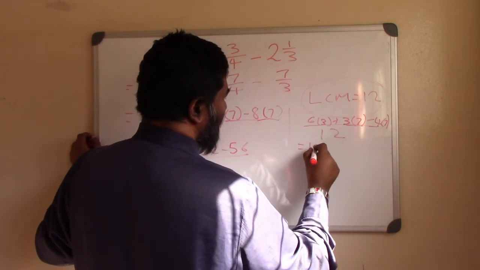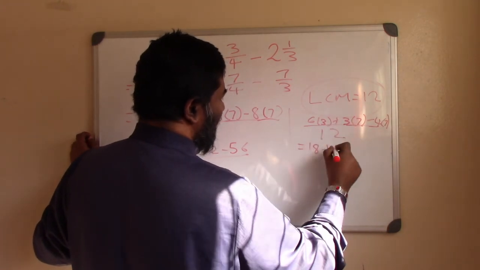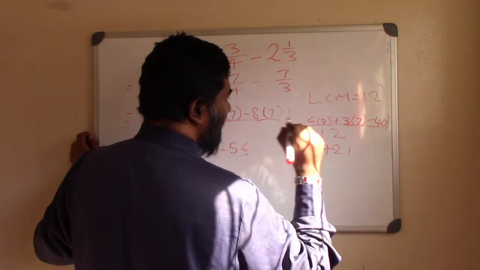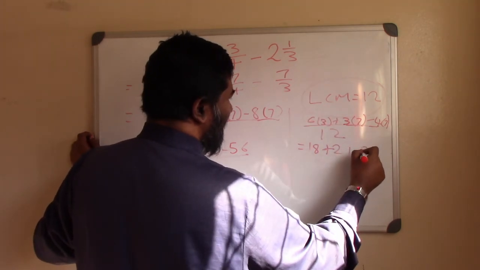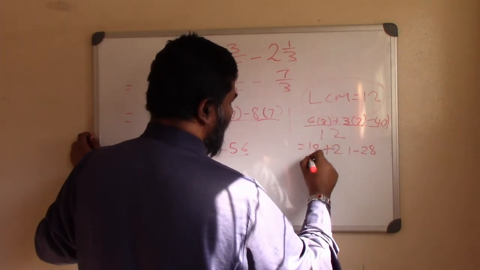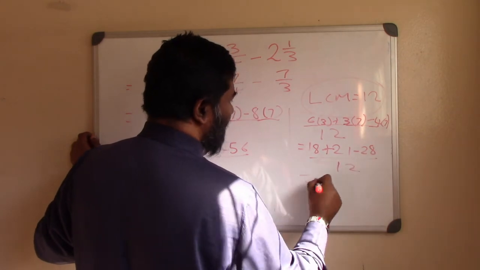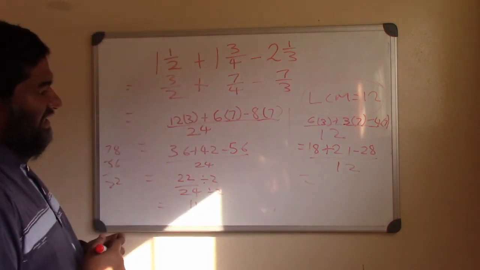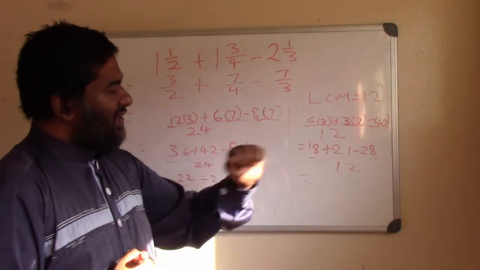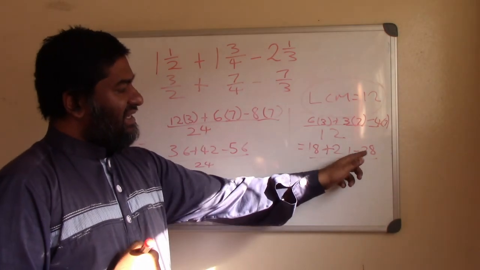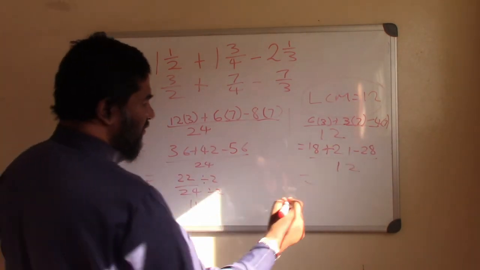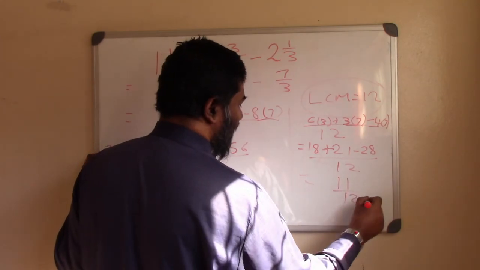That gives me 18 plus 21 minus 28, 4 sevens are 28, over 12. Right. 18 plus 21 is 39. 39 minus 28 gives me 11 over 12.